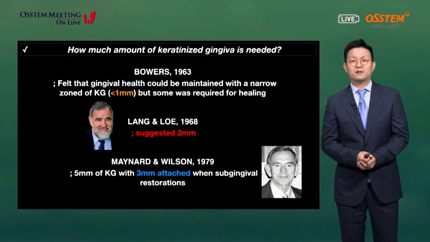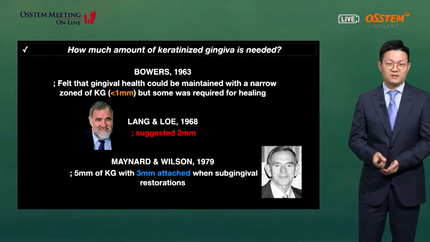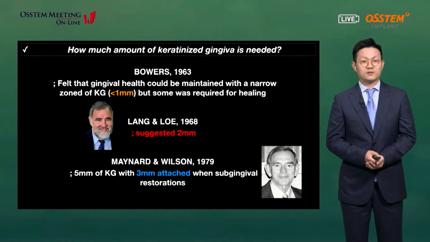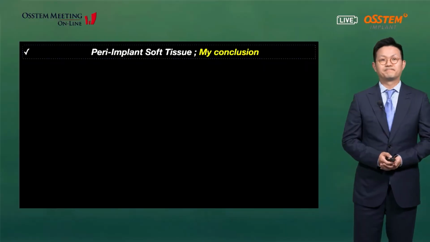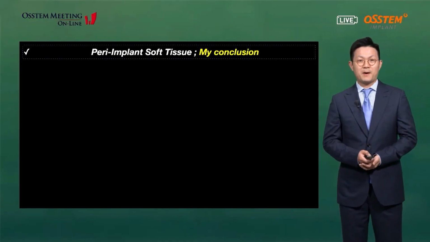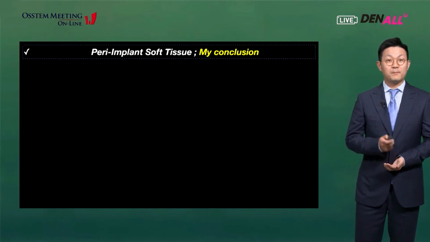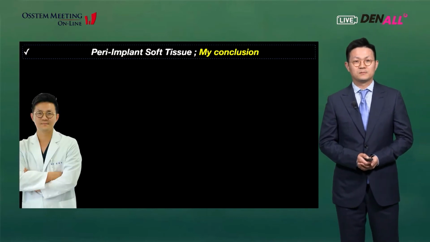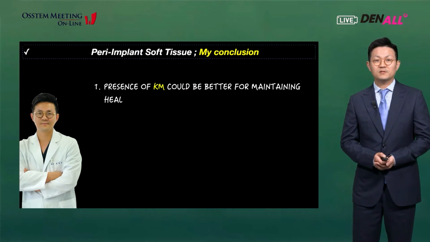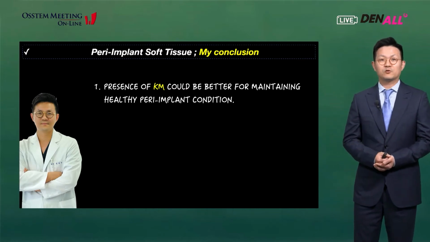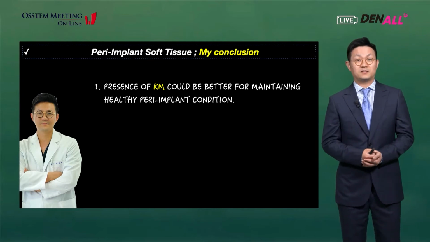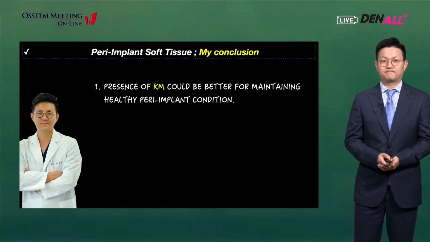Then, how much attached gingiva is needed? Various criteria have been suggested, but my choice is 2 mm. So this is my conclusion about the peri-implant soft tissue. The first one is that the presence of attached mucosa could be better for maintaining a healthy peri-implant condition.